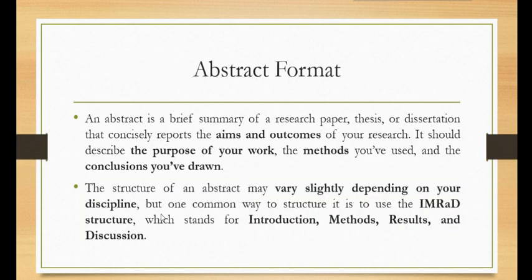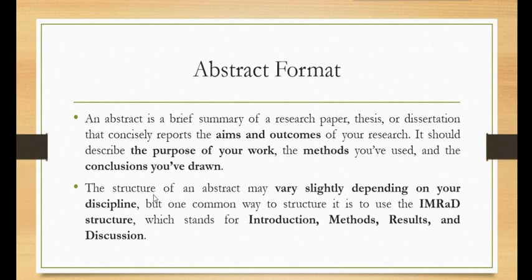Then what is the format we have? Actually, what does an abstract represent? An abstract represents a brief summary of a research paper, thesis, or dissertation that concisely reports the aim and outcomes. It should describe the purpose of your work, the methods you have used, and the conclusion you have drawn.